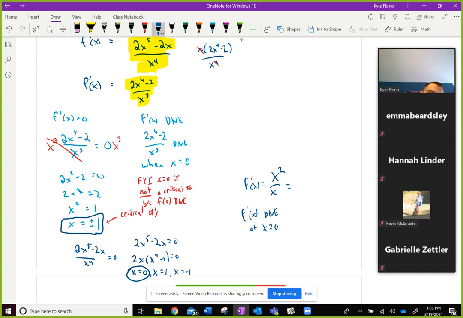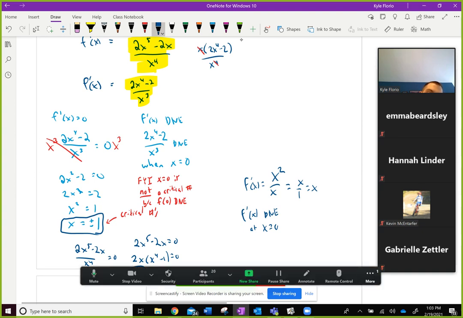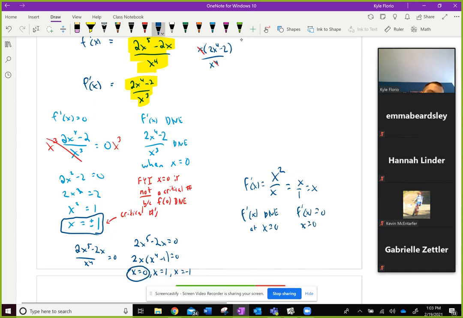But if you simplify this to just x over 1, or x, you might not realize that the derivative doesn't exist at x equals 0, but the derivative would be 0 at x equals 0, so you would still catch that value. So what I just spent the last 5 minutes talking about, if you didn't quite catch it, that's okay, because it's not going to be an issue for us. But if you did follow it, it's just something interesting that being aware of won't hurt.